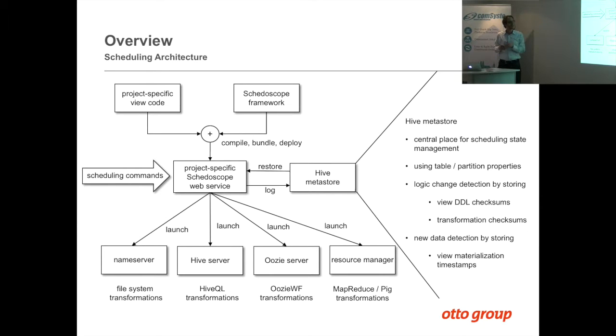In the Hive metastore, we have pointers or little checksums: if a view has been computed, when it has been computed, with which version of its transformation it has been computed, and which version its DDL is from. By having all those checksums, we can really find out what we have to compute. That's the point.